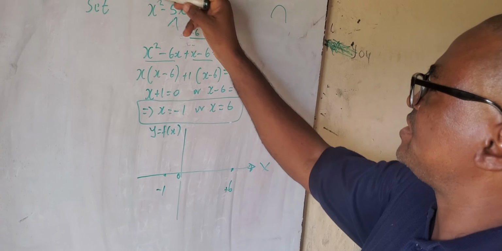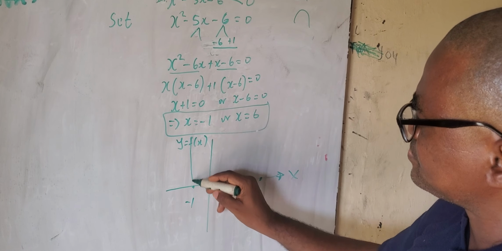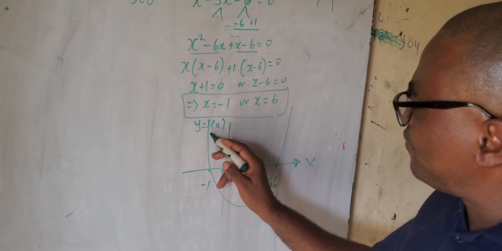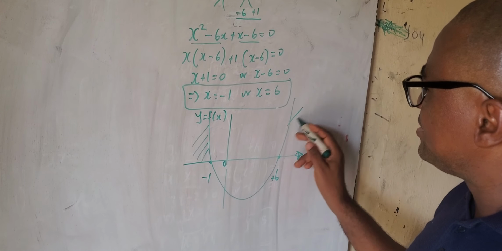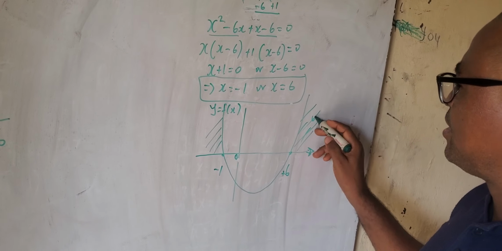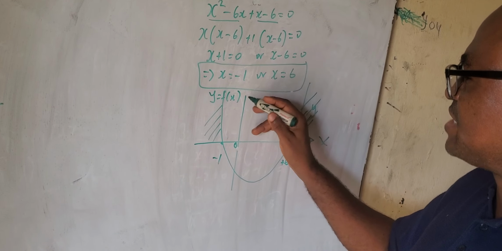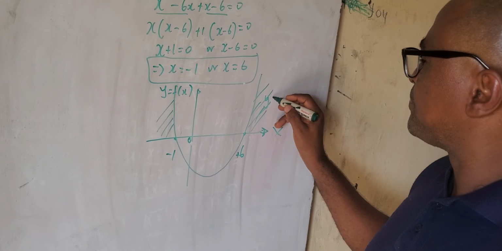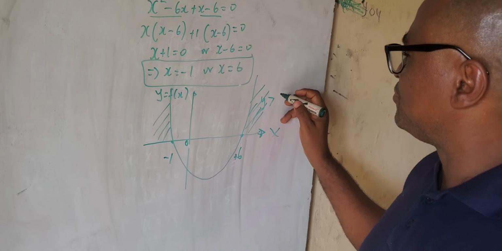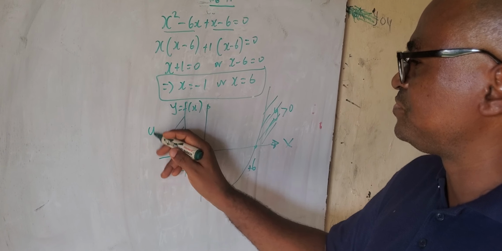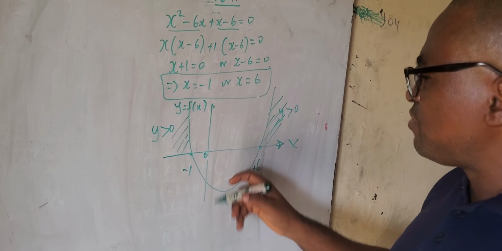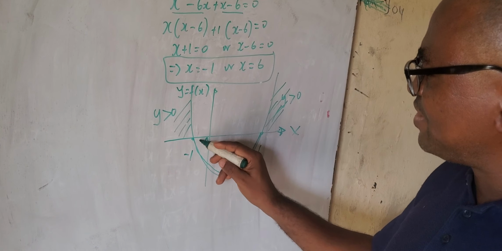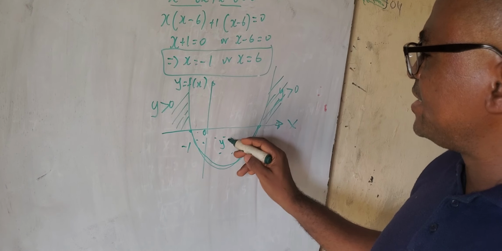Since the coefficient here is positive, the graph will be U-shaped, in such a way that the value of y for this region is positive because it's on the positive side of the Cartesian coordinate system. So the value of y along this region will be greater than 0. The value of y along this region will also be greater than 0. But the value of y between this place and this place will be less than 0.